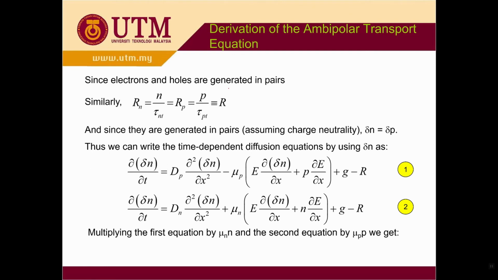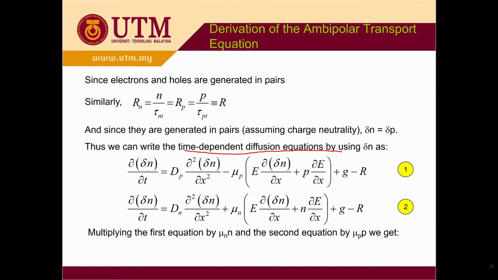Since electrons and holes are generated in pairs, we can say that Rn equals Rp. And assuming charge neutrality, we can say that delta N equals delta P. We can write the time-dependent diffusion equation that we derived earlier by replacing delta P with delta N, and we get equation 1 and equation 2.